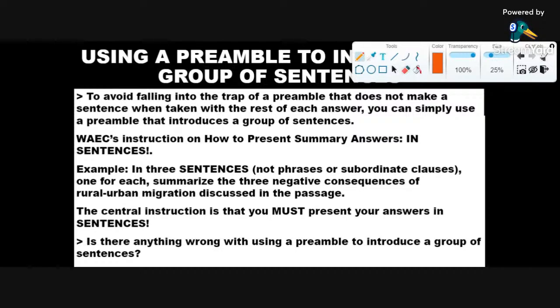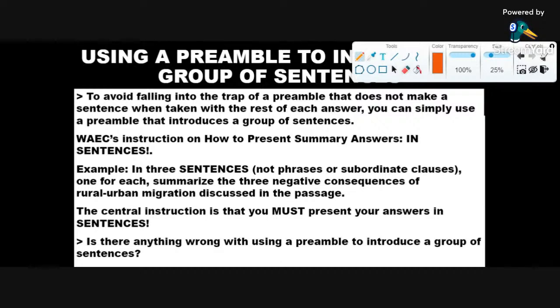For example, in 3 sentences, not phrases, not subordinate clauses, 1 for each, summarize the 3 negative consequences of rural-urban migration discussed in the passage. This is the summary question in the 2006 WAEC past question paper that I used as illustration. So your answers are required in sentences in the first place.